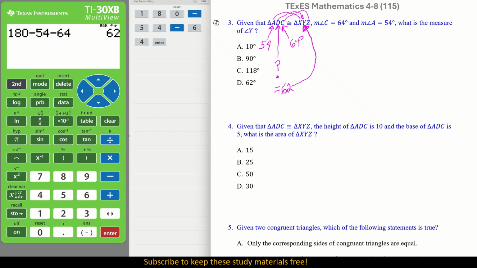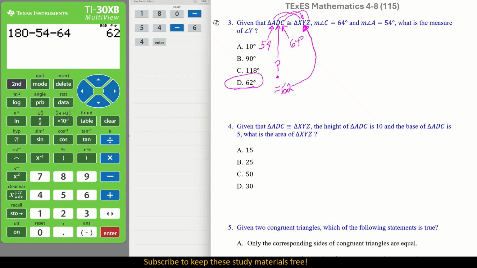Okay. All right. So that gives us D. Okay. This is a matter of knowing the properties of congruent triangles as well as understanding the notation. Okay. Which is a really good question. Simple once you know all of the facts, but difficult if you don't know the properties.